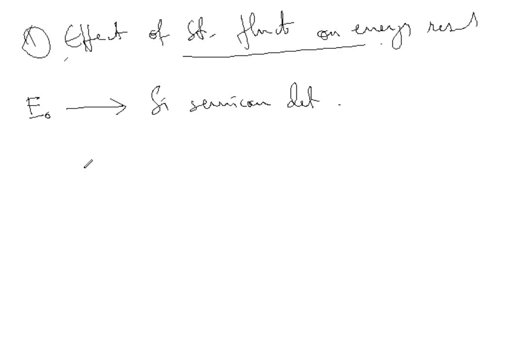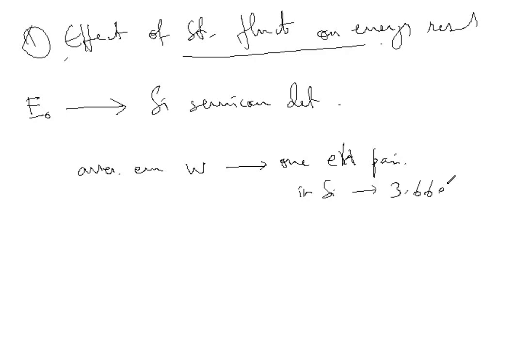Now the average energy W needed to produce one electron hole pair, EH pair, in silicon, how much is it? It is basically 3.66 eV, although the energy gap, remember, is 1.1 eV.